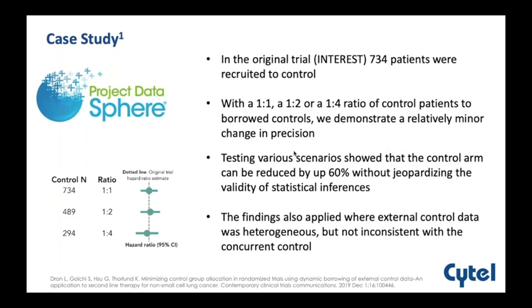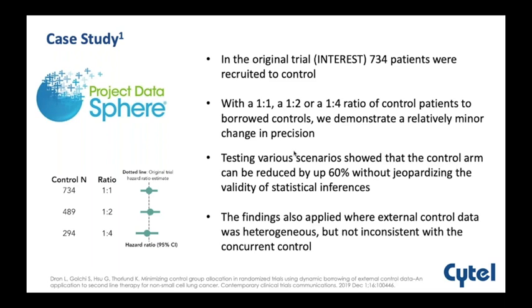And so what we did here is that we took the INTEREST trial, used that as an anchor, and played around with a number of different scenarios. This is by no means a talk on this particular project, so I'm not going into much more detail on it. But we played around with a number of different randomization ratios, so 1:1, 1:2, 1:4. I think we did 1:5 as well, and 1:10. I'm just showing you these for simplicity.